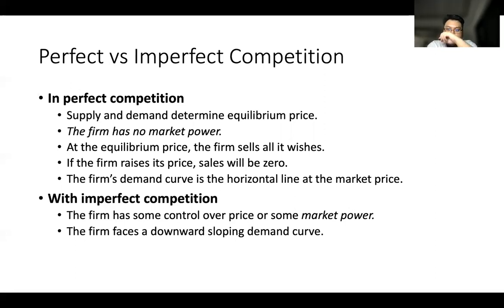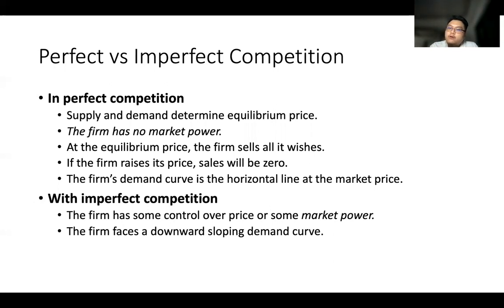They don't have the ability to dictate what the price should be in the market. At the equilibrium price, the firm sells all it wishes. If the firm raises its price, sales will be zero. That's the entry and exit. The firm's demand curve is the horizontal line at the market price.